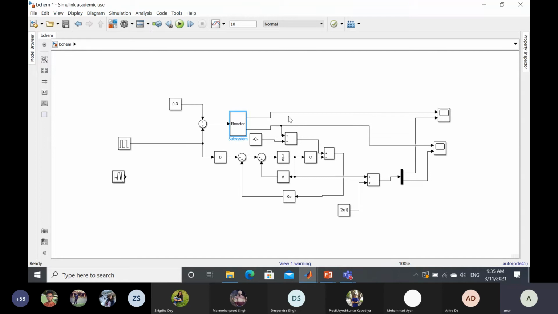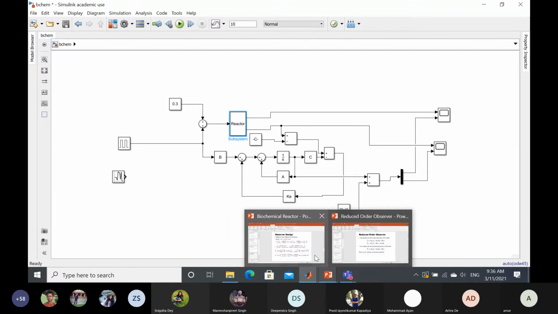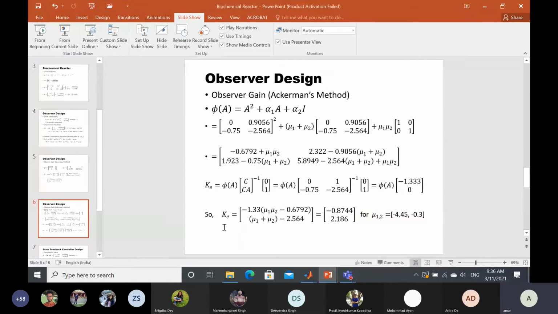Now with this reactor model, we'll have the observer model. In the observer model, if you remember the observer equation, which is x bar dot equals to... what is the observer equation?